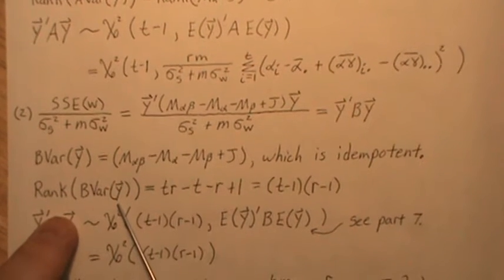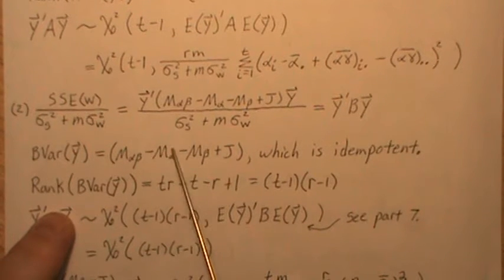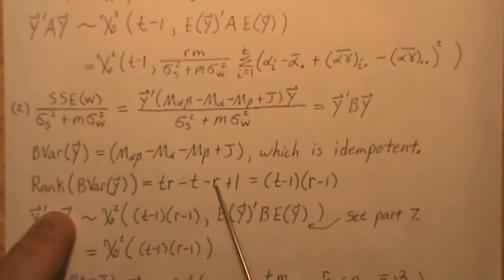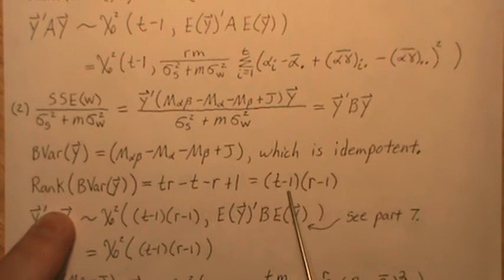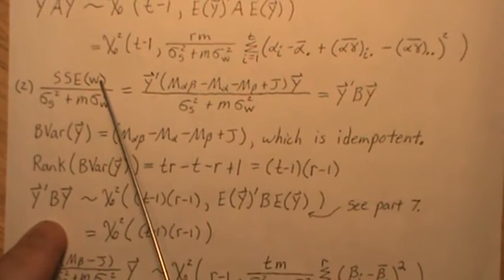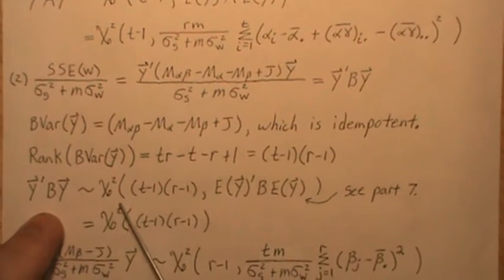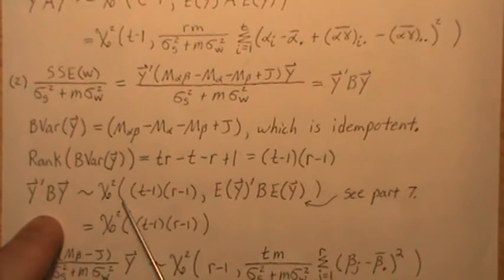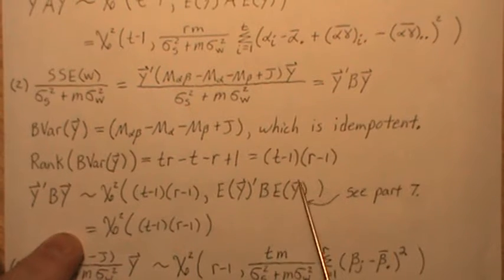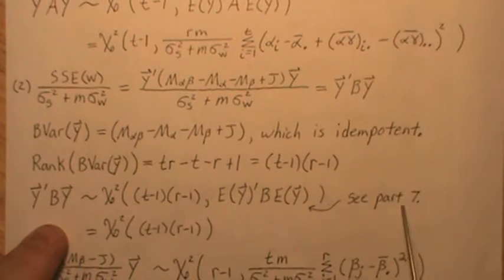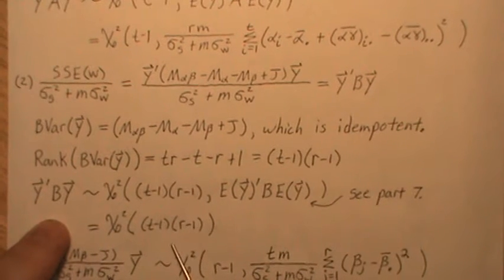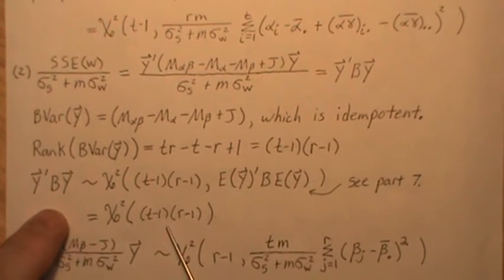And the rank of it ends up being the rank of this perpendicular projection matrix, which is TR minus T, R plus 1. And it can be factored into this. So the sum of squares error for the whole plot is a non-central chi-squared with this degrees of freedom and this non-centrality parameter. But in part 7, we showed that this was 0, so it ends up being a central chi-square distribution with this degrees of freedom.